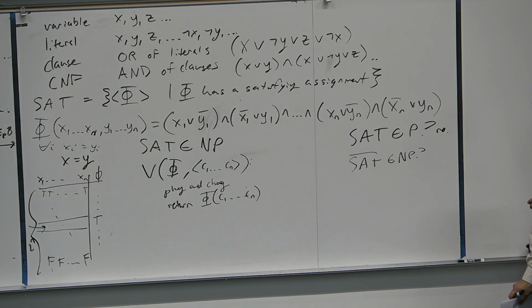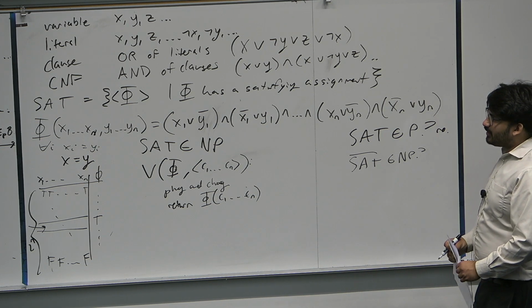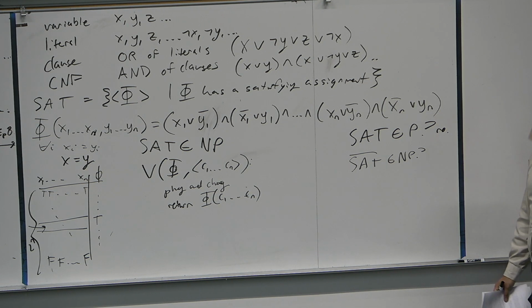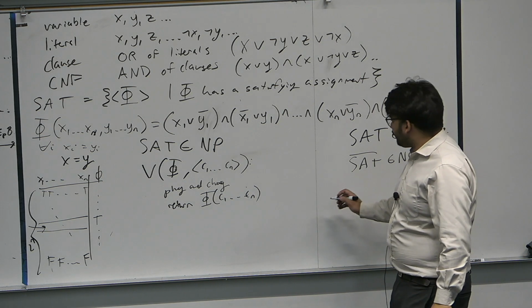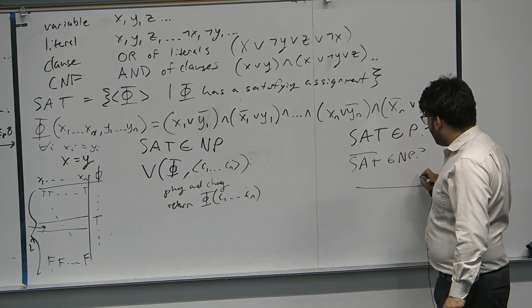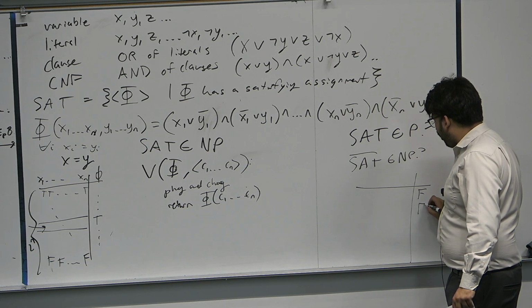Now, if we ask about SAT complement, what is the complement of SAT in natural language? Not phi. Almost. We still want it to be in CNF. Yes, it would be if the CNF has no satisfying assignment. Correct. So if a problem is in SAT complement, consider the same truth table, but instead these are all false.